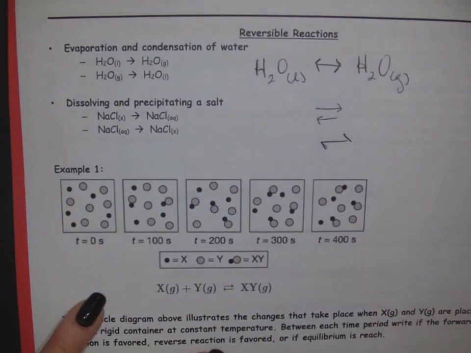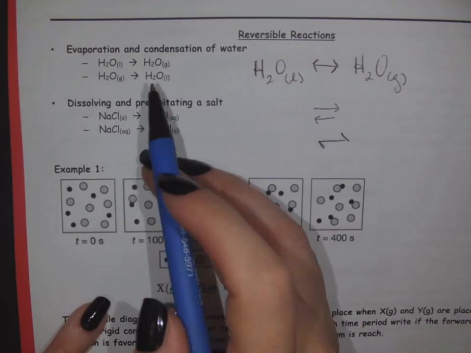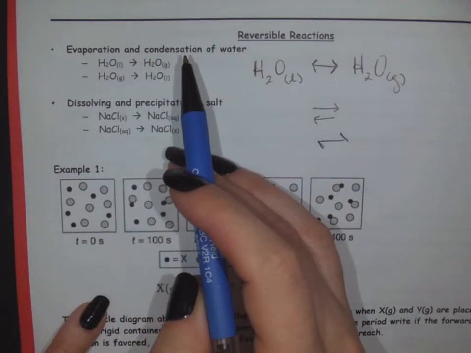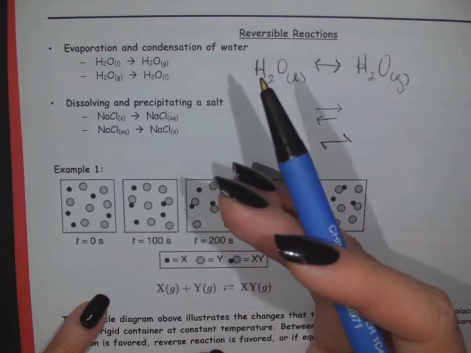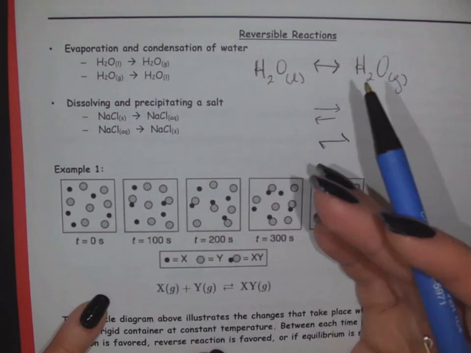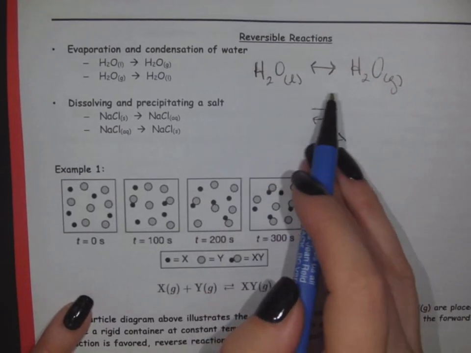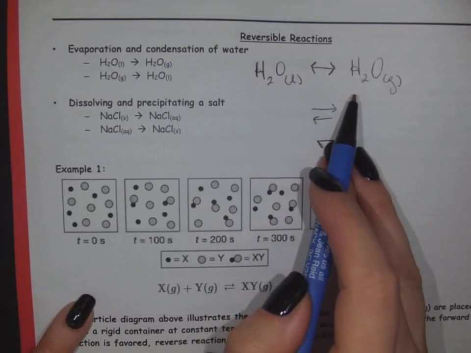Again, when the rate of the forward reaction is equal to the rate of the reverse, that's when equilibrium is reached. A reversible reaction doesn't have to be in equilibrium. It usually doesn't start in equilibrium, but if left alone, with no stresses added to it, it's going to keep bouncing back and forth until it finds this equilibrium point.